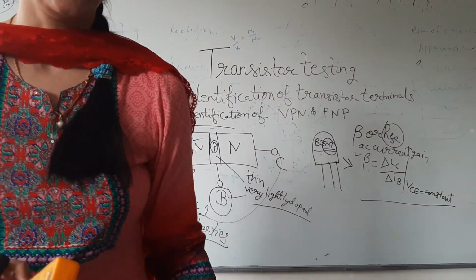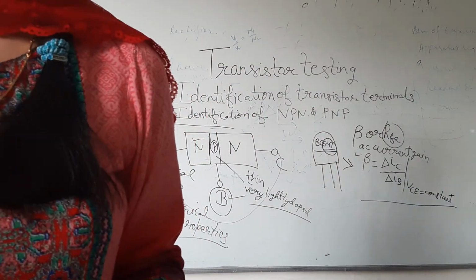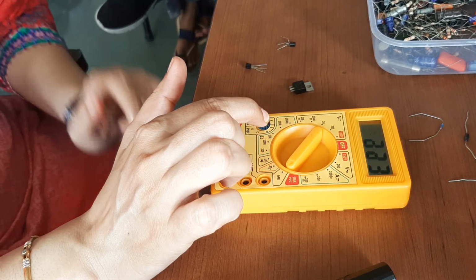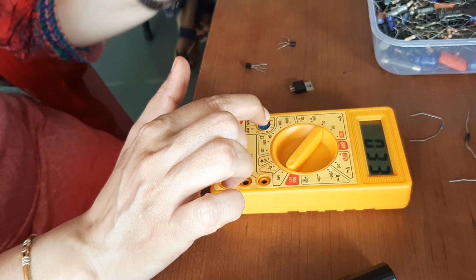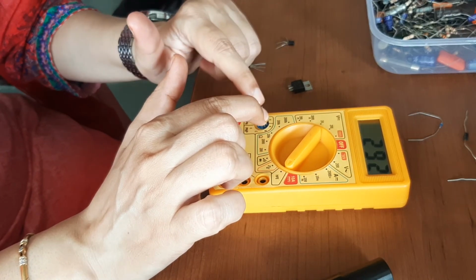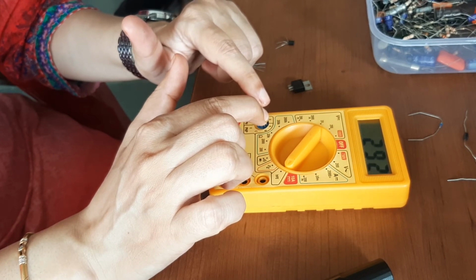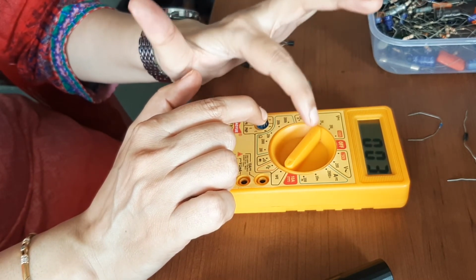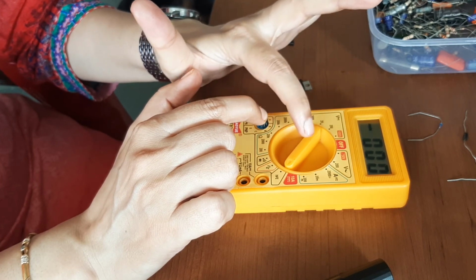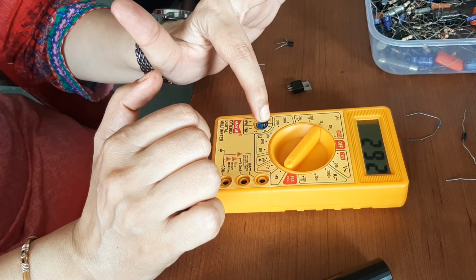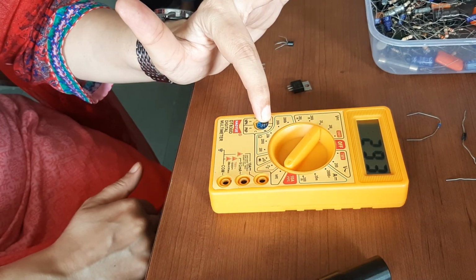Okay, now here I have inserted a BC556 transistor, and put the knob of this dial on the HFE mode, and it is displaying 292.